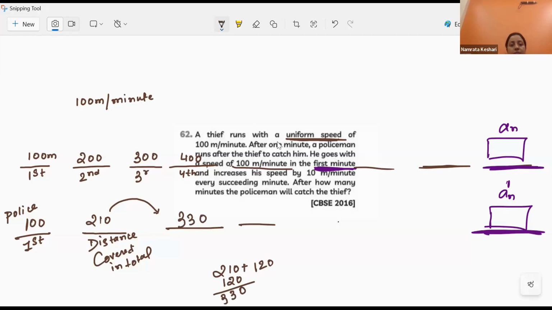Is it making sense? Can you please check it? Is it an AP? 100, 210, 330. Is it an AP, Ryan? Please check it.